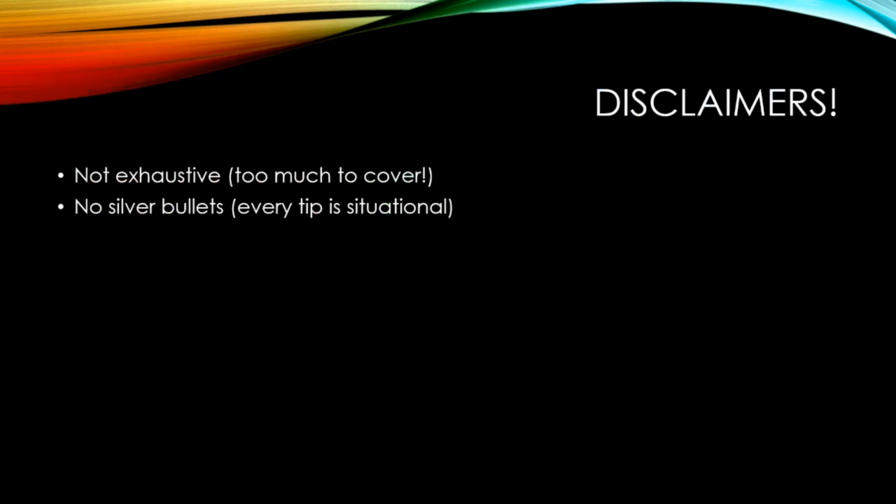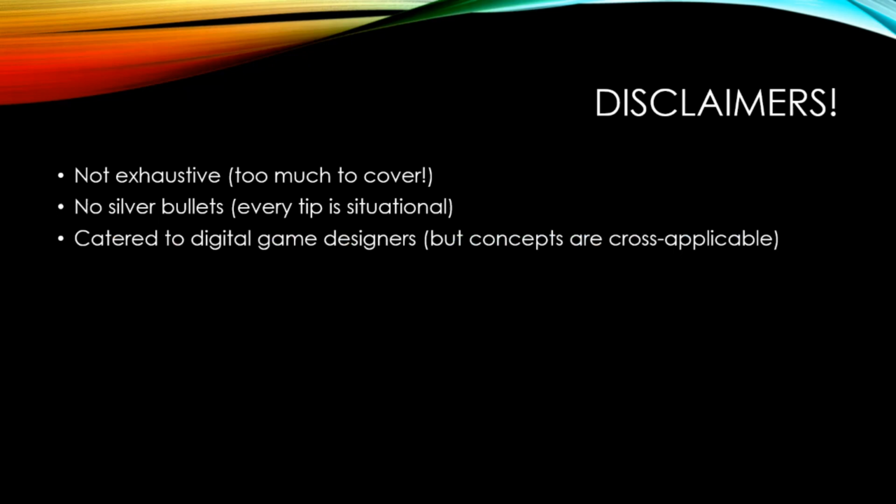I recommend thinking about it like a toolbox where you bring your toolbox to solve a problem. Hopefully, you find the right tool for the job, but there's no one super tool that does everything. And finally, this is catered to digital game designers because that's what I am and that's where my experience is. But I do think that these concepts are cross applicable to tabletop design, other kinds of design.